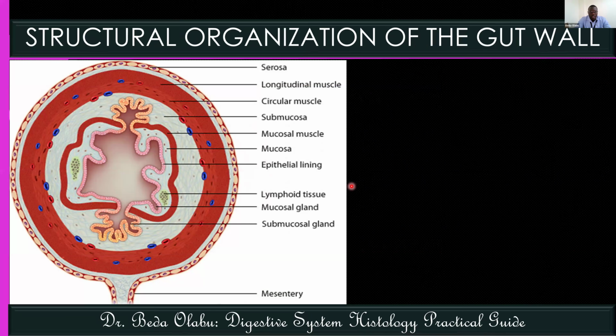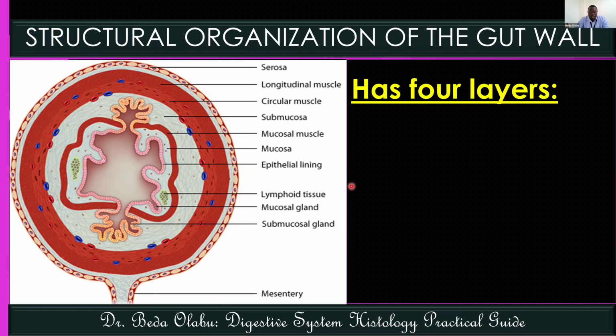So again, a reminder about the structural organization of the gut wall. We've done this before, but I choose to repeat it here in this particular context. We can look at the wall of the histology as consisting of four histological layers. Innermost layer is a mucosa.